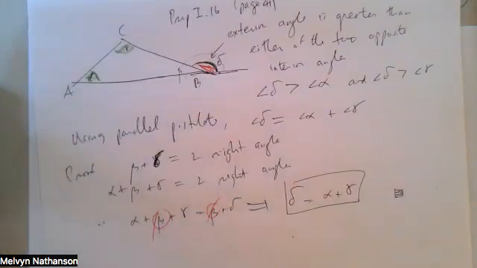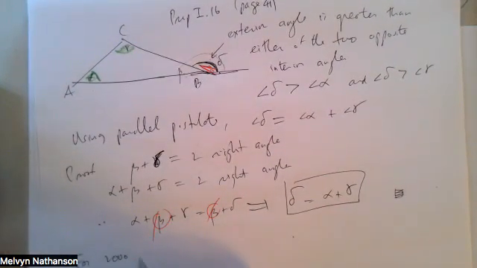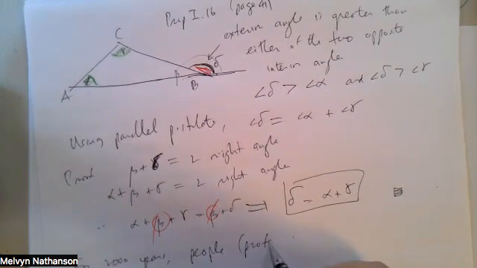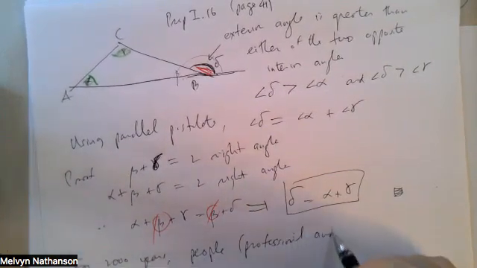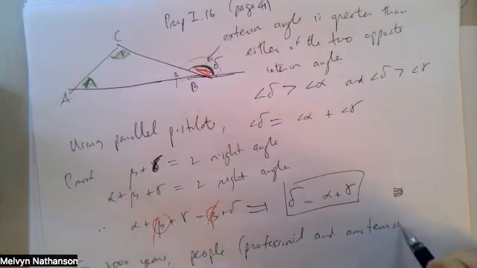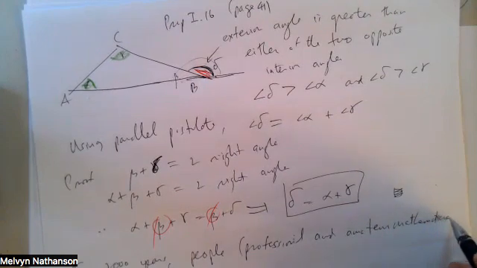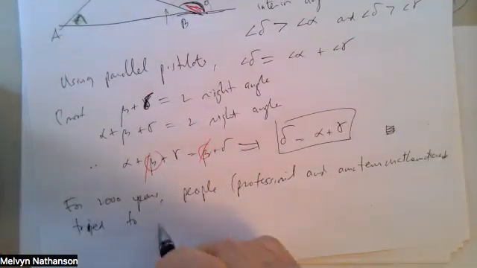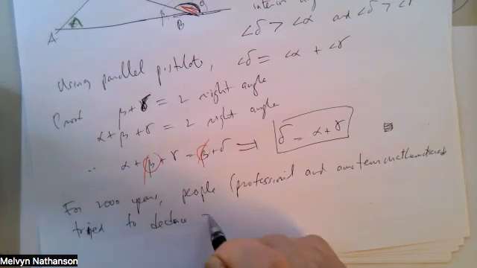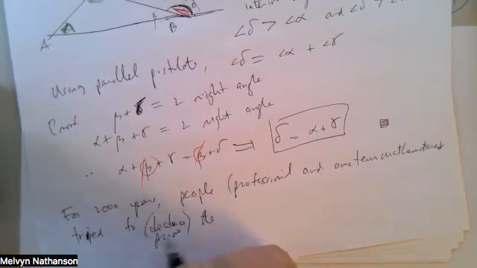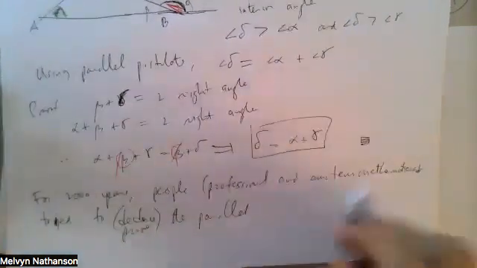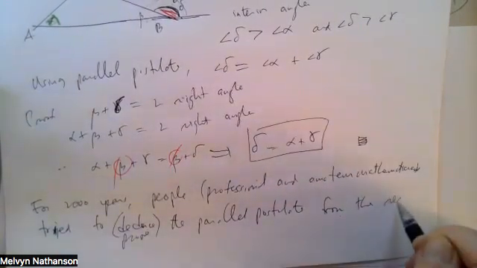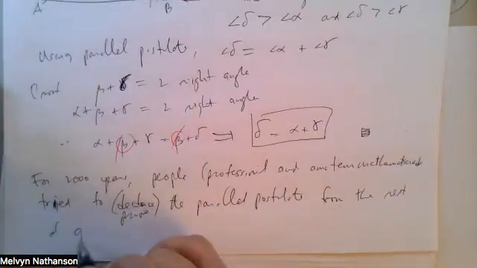Now, for 2,000 years, people, professional and amateur mathematicians, tried to deduce or prove the parallel postulate from the rest of geometry.